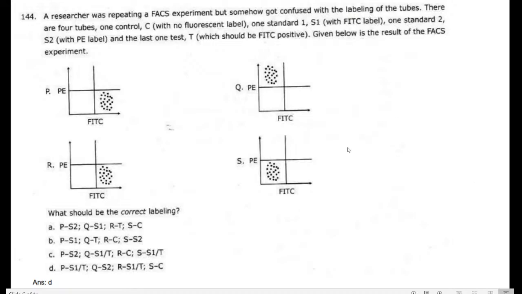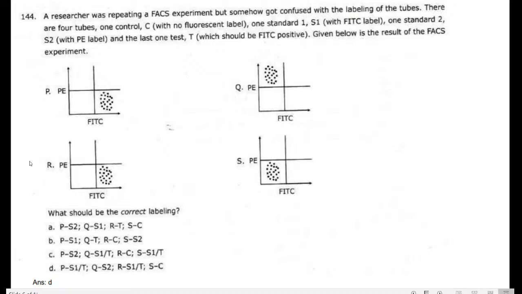This is all about fluorescence labeling, a very important concept. Go through Google or YouTube images; YouTube videos are available about FACS analysis. Search for flow cytometry result interpretation. The first column is no labeling, no FITC, no PE. If the sample only has FITC labeling, you get dots here.